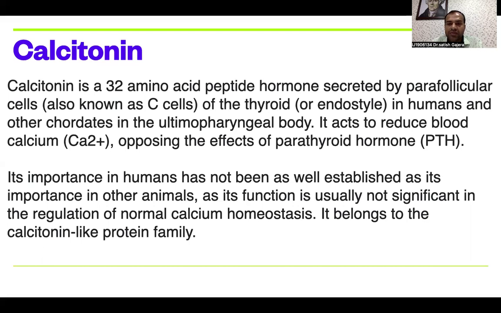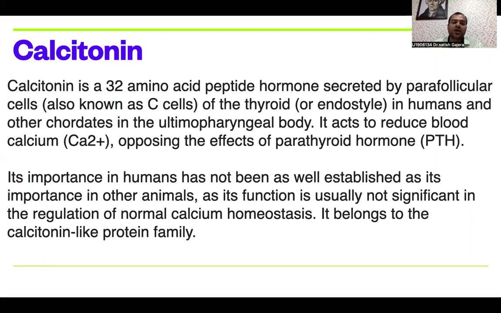Parathyroid hormone increases the calcium level in the blood, while calcitonin reduces it. Its importance in humans has not been as well established as its importance in other animals, as its function is usually not significant in the regulation of normal calcium homeostasis.